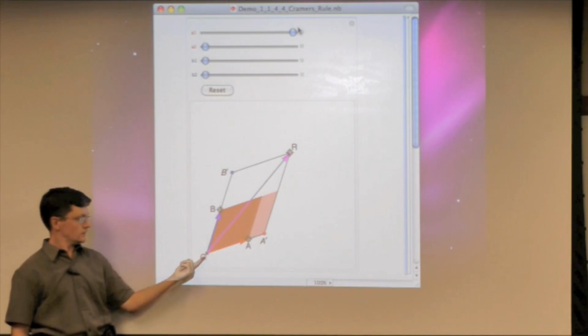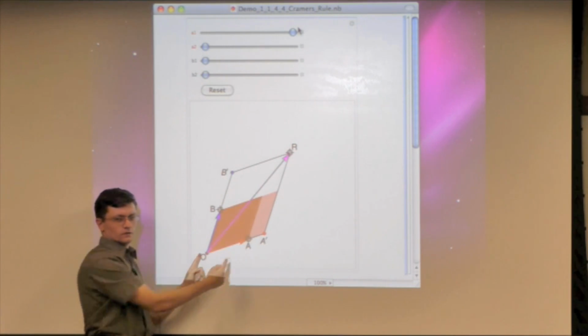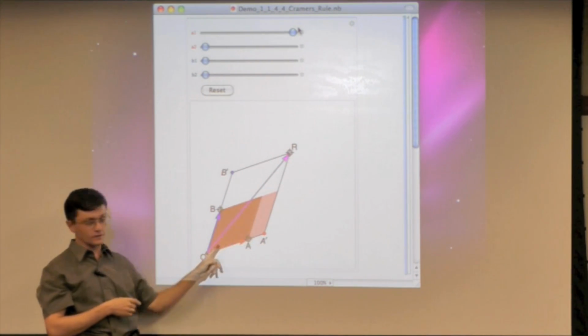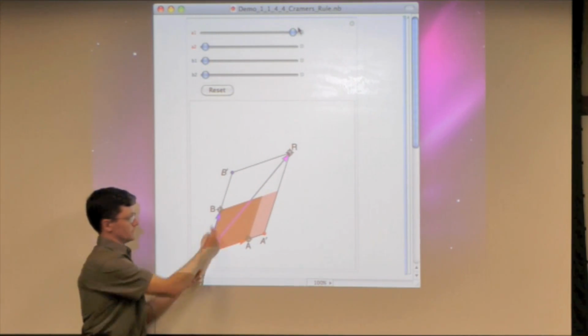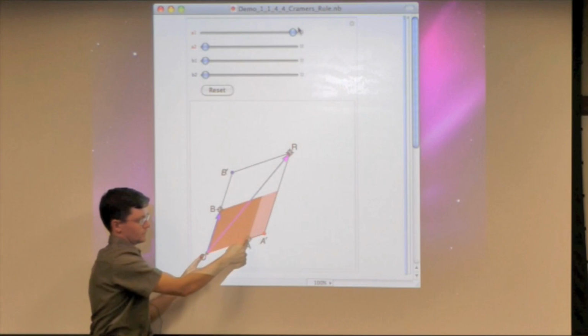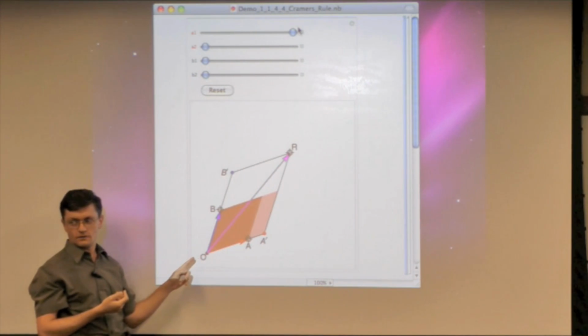What I claim is that this ratio of length to the length is equal to the ratio of areas of these two parallelograms. Area of this large pink parallelogram related to the area of the red parallelogram. Okay, that's what it is.